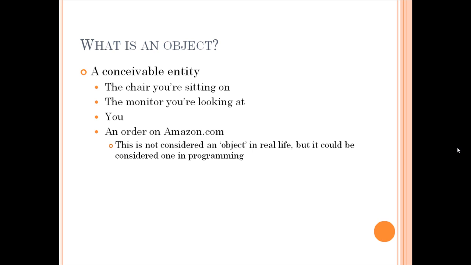It's almost like a transaction in real life. It's not something that casts a shadow or that you can reach out and touch. So in real life, that's not an object, but in programming, an order would be an object. So the definition of an object in programming is more comprehensive than in real life. But for all intents and purposes, you can think of those terms as being nearly the same.